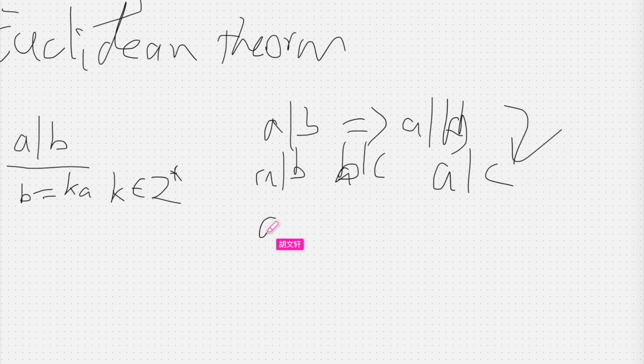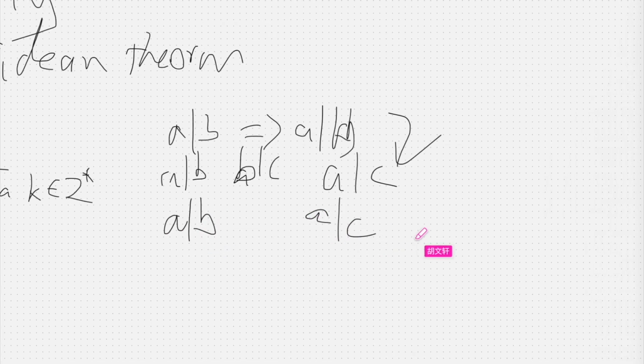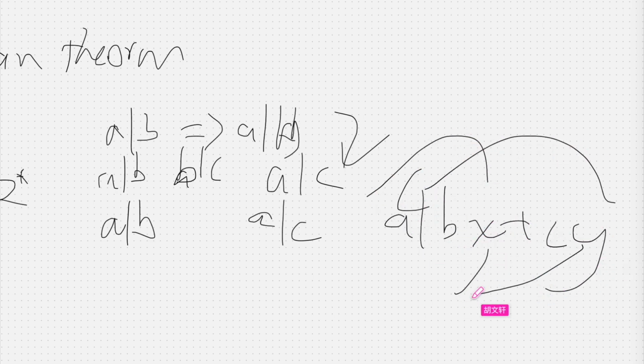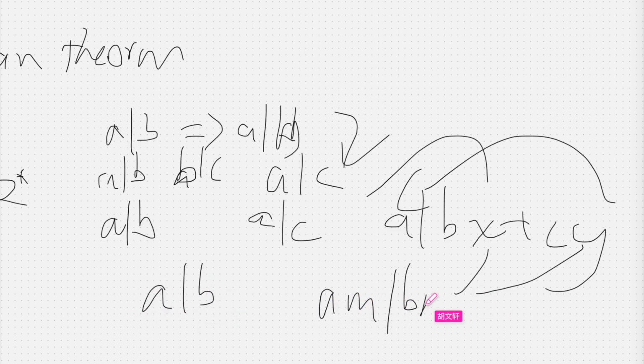And then if A divides B and A divides C, then A divides bx plus cy, because they're all multiples of A, so we can multiply by any whole number, x or y, to get a new multiple. And if A divides B, then Am divides Bm for the same concept. We are having an integer m, but then m cannot be 0 in this case.